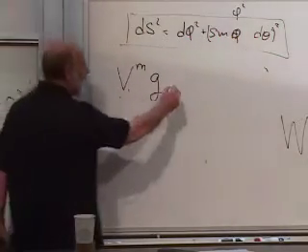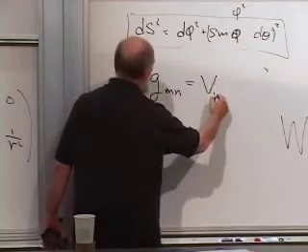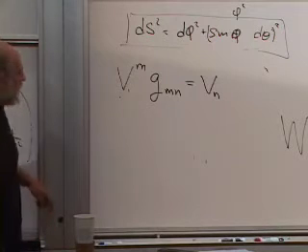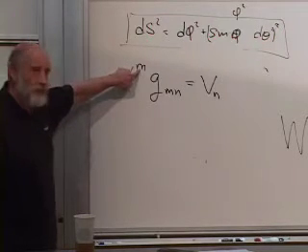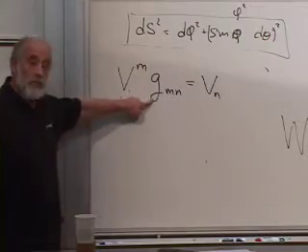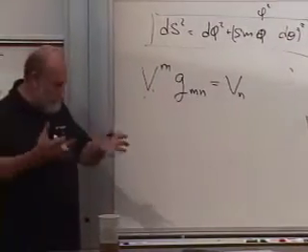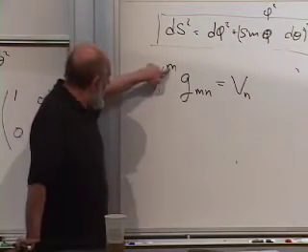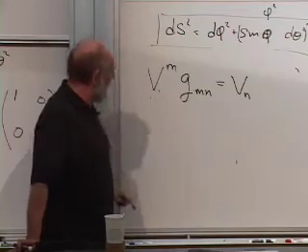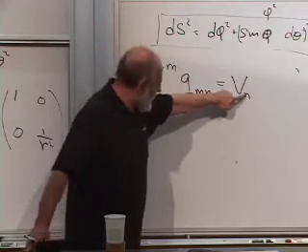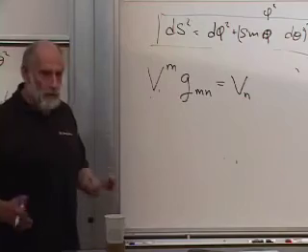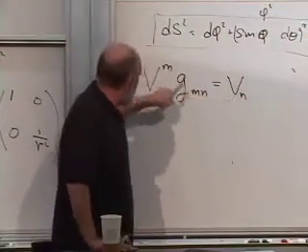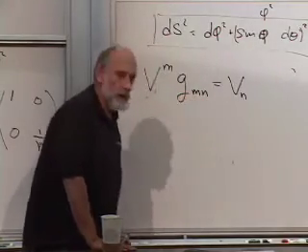That gives me a new thing which I'll call V sub n. If I know V with a superscript, and I know the metric, the metric is given knowledge, it's a piece of the geometry of space, then I can reconstruct a corresponding set of components with lower indices. You can just think of this as the representation of the same vector, except with a lower index.